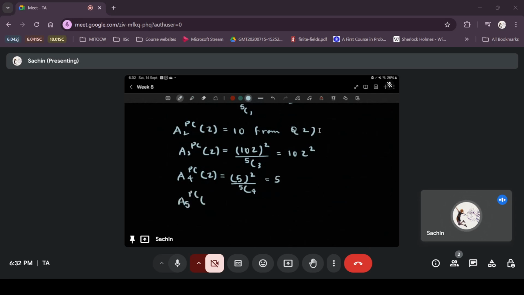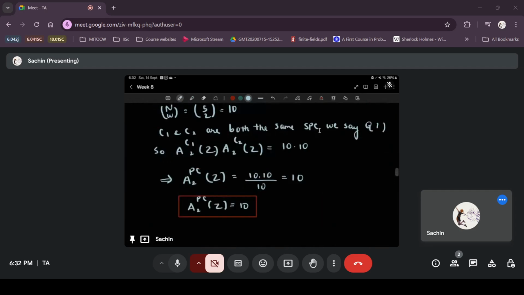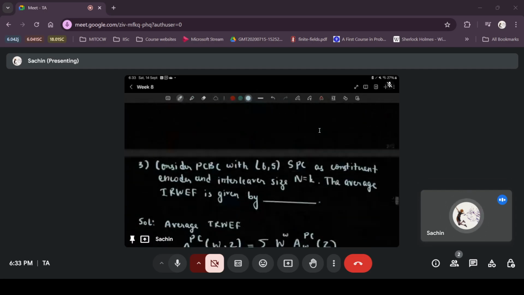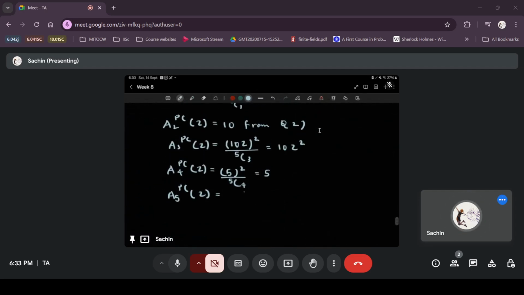Finally, A5 PC of Z is simply Z square divided by 5C5, which is 1. So it's only Z square.